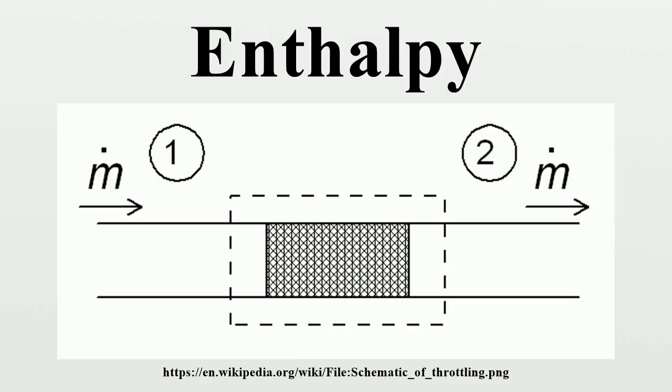Origins. The word enthalpy is based on the Greek enthalpein, which means to warm in. It comes from the classical Greek prefix en-, meaning to put into, and the verb thalpein, meaning to heat.